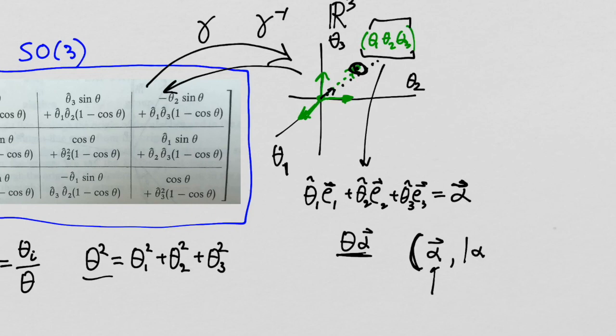So we're going to establish that any point in the coordinate space will be identified by its unit vector of direction and the magnitude it takes to get to that point, which I wrote as theta here. So it would look like the magnitude of alpha times the direction of alpha.